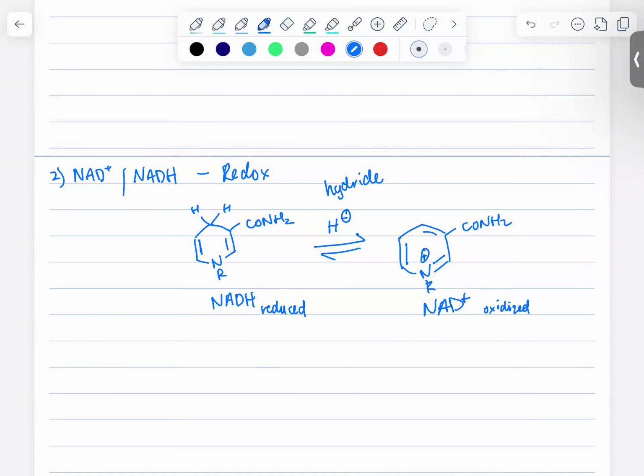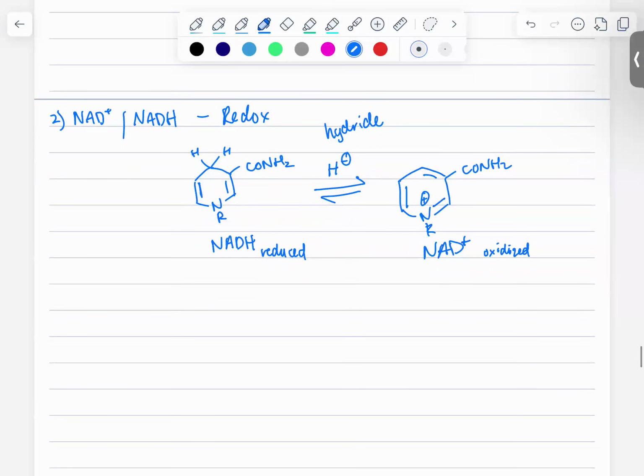And so NADH can help in our reduction reactions. What is an example of a reduction reaction? An aldehyde to an alcohol.